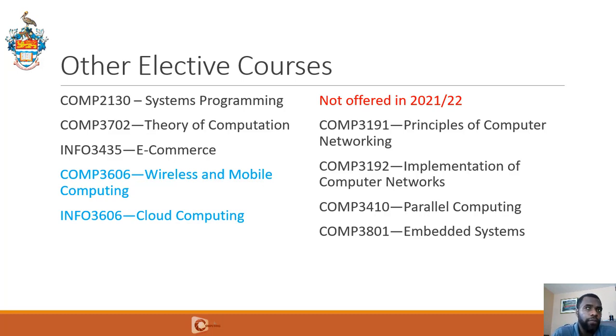Consult the 2021-22 faculty handbooks for more detail about these 2 courses from the St. Augustine campus. In the 2021-22 academic year, we are not offering Comp 3191, Comp 3192, the implementation of computer networks. We're not offering Comp 3410, parallel computing, and we're not offering Comp 3801, embedded systems.